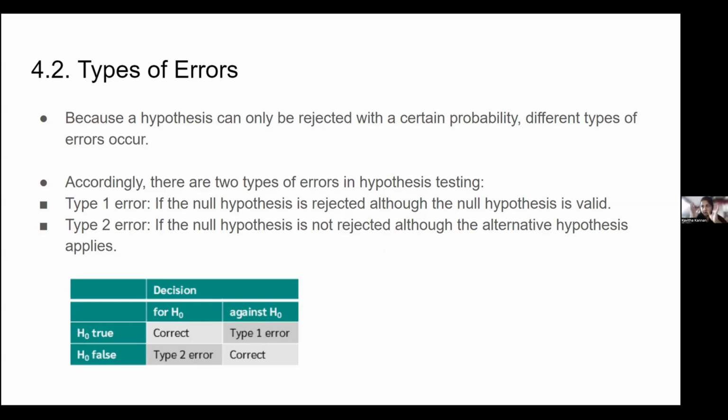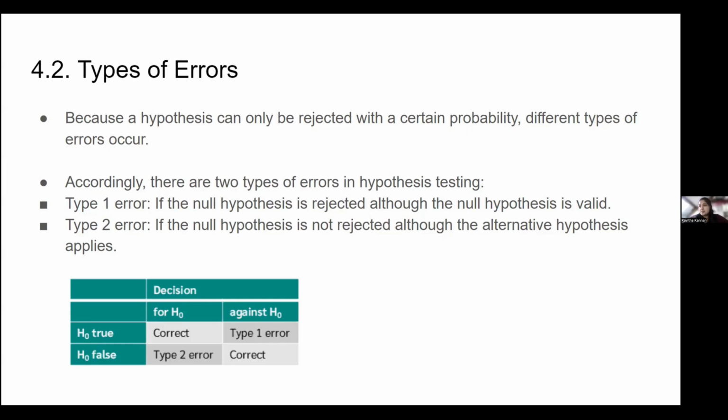You collect your data on this. So what does a type 1 error say? If the null hypothesis is rejected, so you say he killed, although the null hypothesis is valid, which means that he is innocent. Although he is innocent, you claim him to be a criminal, then that is the biggest statistical error. That is a type 1 error.